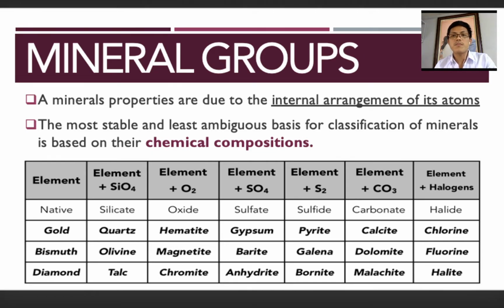Mineral properties are due to the internal arrangement of their atoms. For certain minerals to have certain properties, it can be attributed to their internal arrangement. The most stable and least ambiguous basis for classification of minerals is their chemical composition.